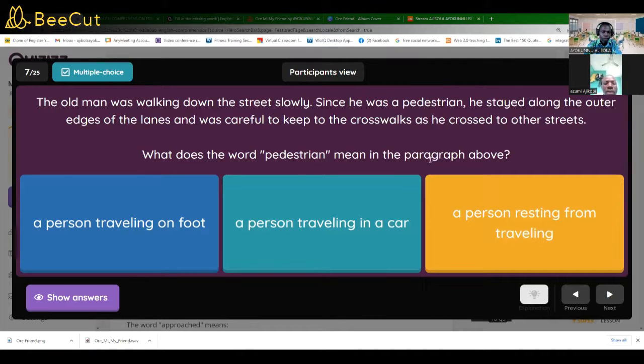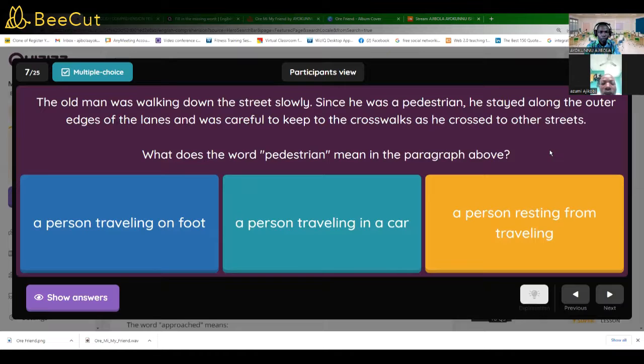Rakib, can you read the question? Read the comprehension. Yes. Okay, sir. The old man was walking down the street slowly. Since he was a pedestrian, he stayed along the outer edge of the lane and was careful to keep to the crosswalks as he crossed to the other street.